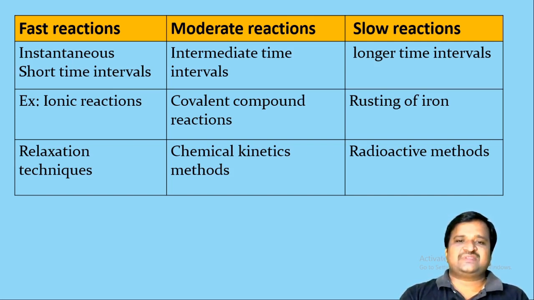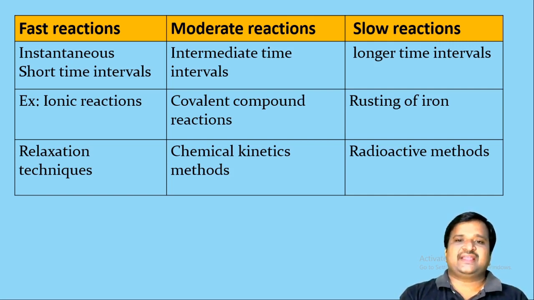So examples for fast reactions are ionic reactions. Ionic reactions are fast because in the reaction mixture, the ions are readily available to immediately react to form the products. And for moderate reactions, covalent compound reactions are the examples.